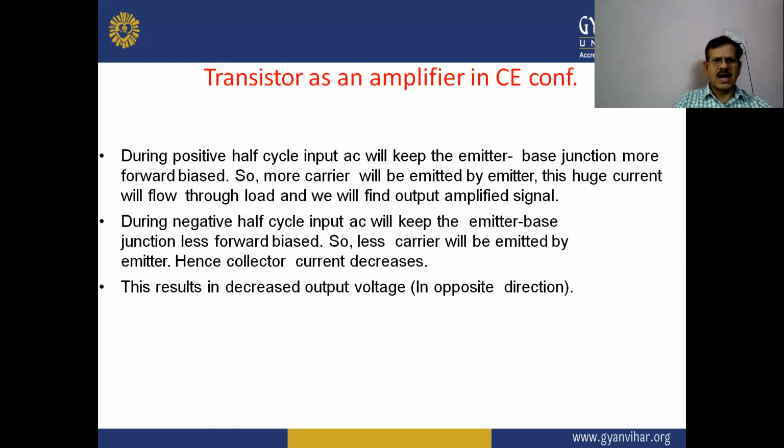During the positive half cycle of this input AC, we keep the emitter base junction more forward biased, so more carriers will be emitted by the emitter. This huge current will flow through the load, and we will find the amplified output signal. During the negative half cycle, input AC will keep the emitter base junction less forward biased, so fewer carriers will be emitted by the emitter, hence collector current decreases in this case.